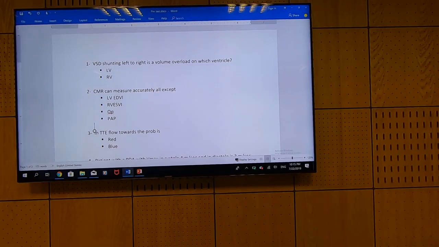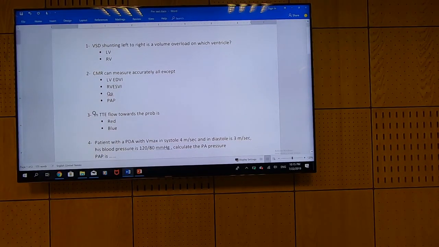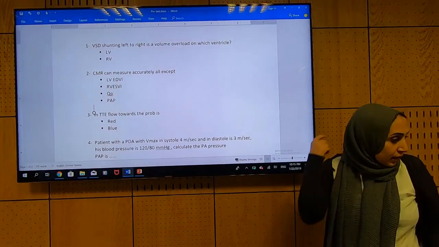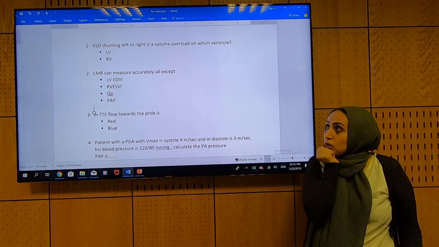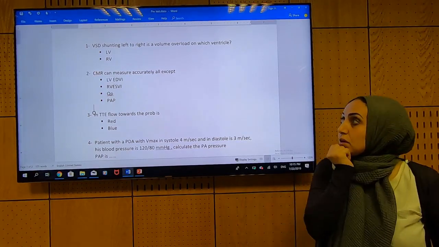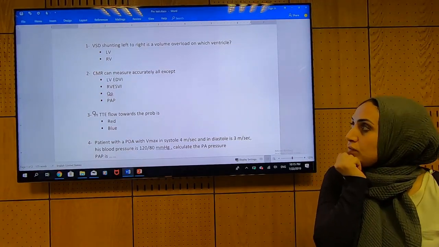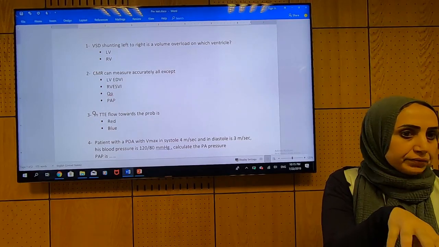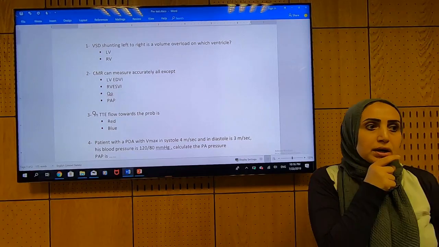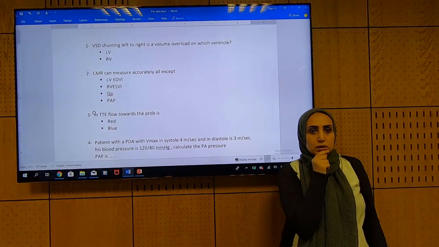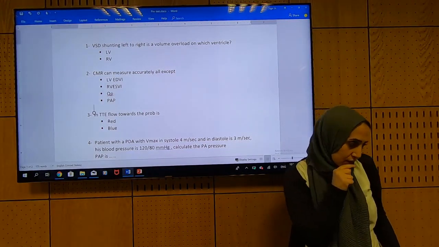Okay, the second one: CMR can measure accurately all except the left ventricular end-systolic volume index, right ventricular end-systolic volume index. Index means relative to the body surface area. QP, pulmonary artery pressure. So CMR can measure all except what? Except the last one, pulmonary artery pressure, correct.